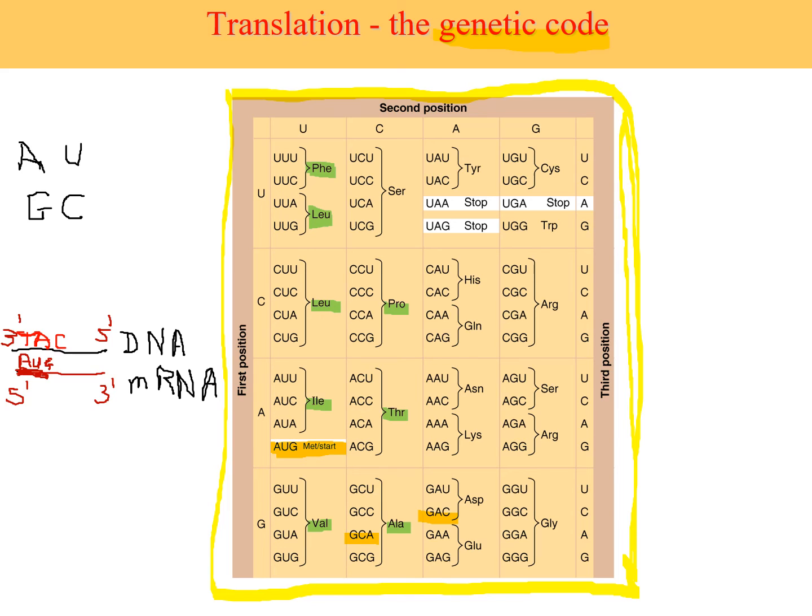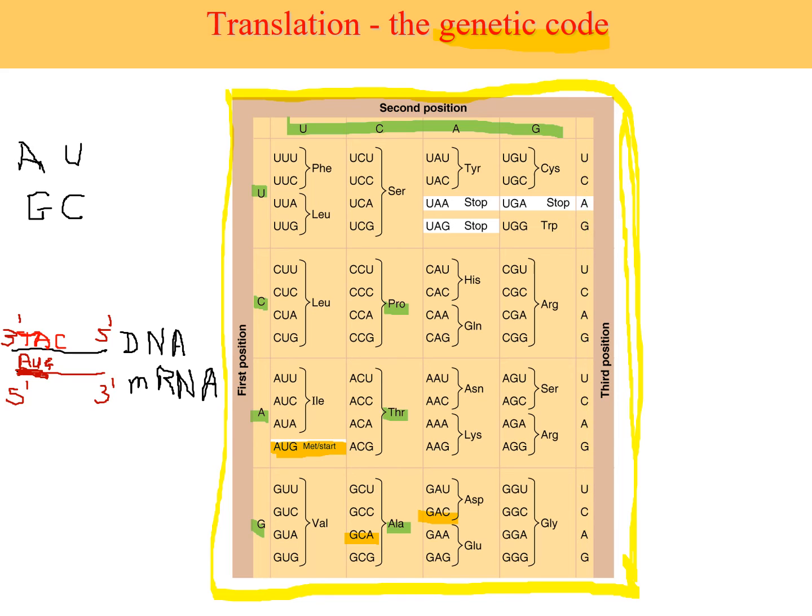The first position one is, in this case, U or C or A or G. And then the second one is shown across here. Second position is U, C, A, or G. And these are the third position nucleotides for the codons.